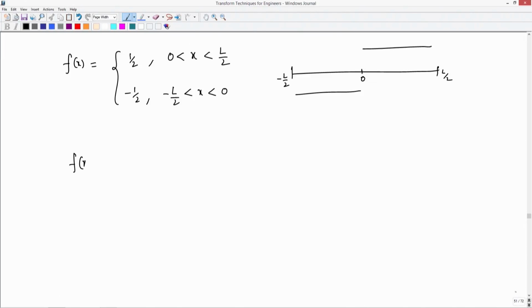So, this is what we get as the Fourier series. I take not the final form, but the sum from minus infinity to infinity, n odd, of Cn e power I n omega naught x.